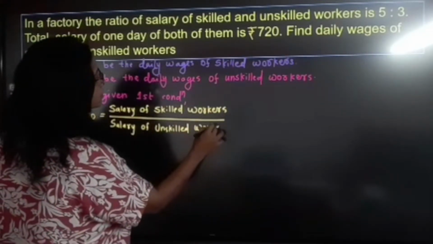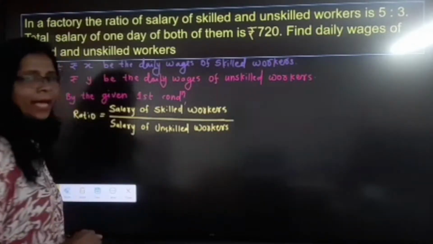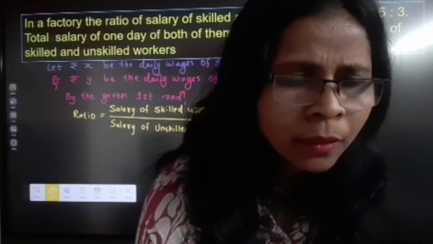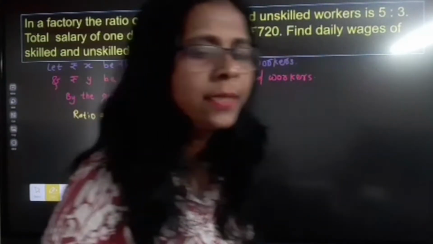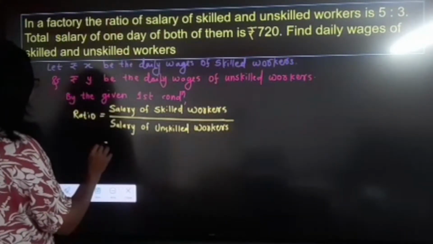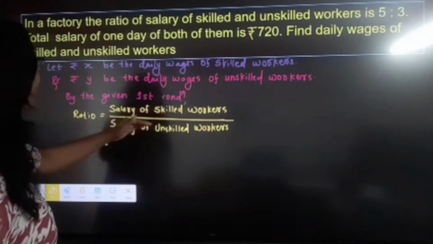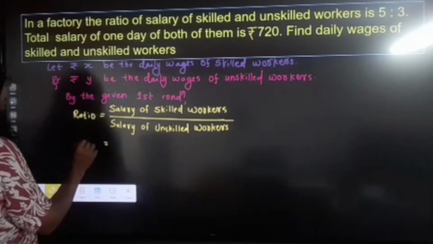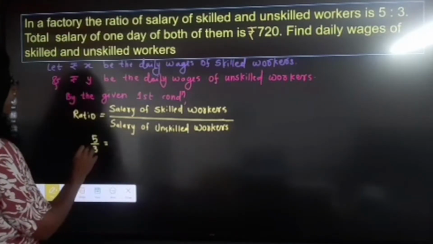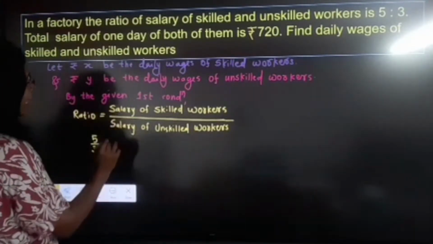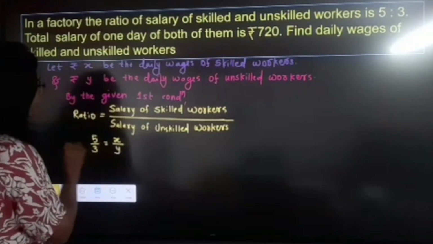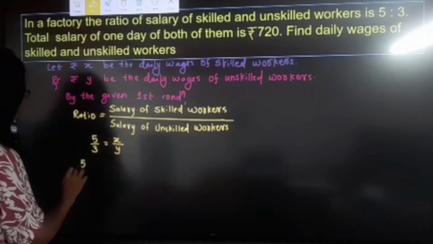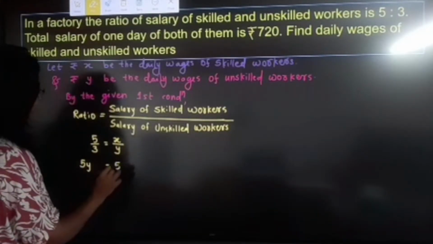The salary of skilled workers upon salary of unskilled workers, and the ratio is 5 upon 3, 5 is to 3, and here we consider it as x upon y.